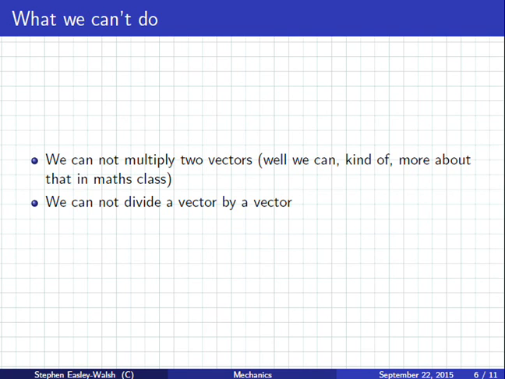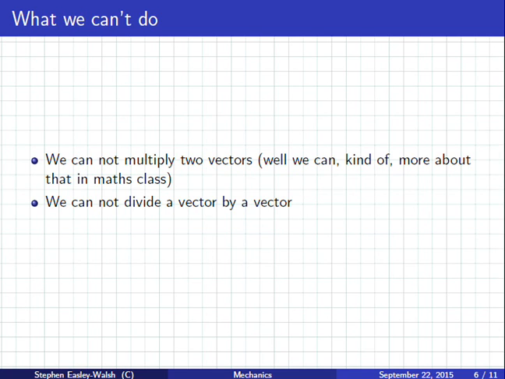So, if this is vector A, and this is vector B, I can add them, but I can't multiply them. That doesn't really mean anything. I cannot divide them either. Add and subtract is all you can do with vectors. You can multiply a vector by a number, but not by another vector.